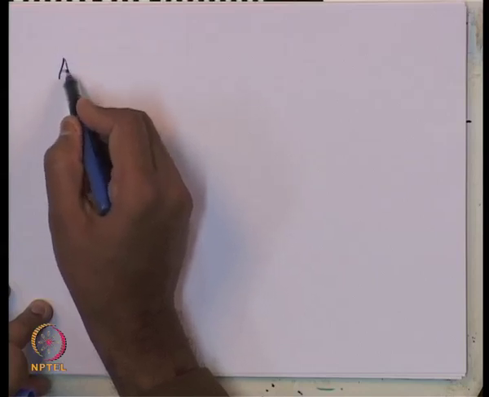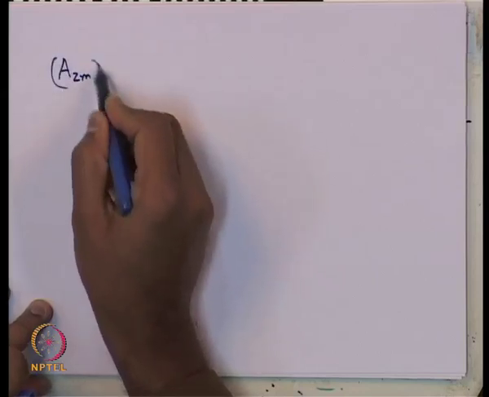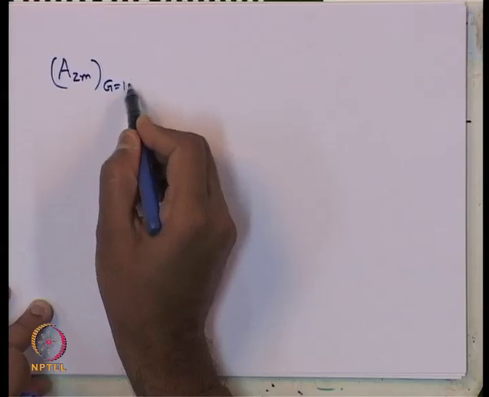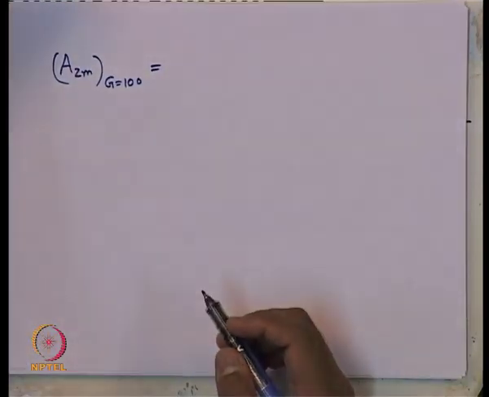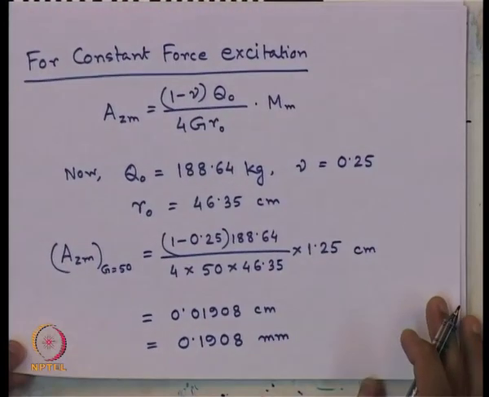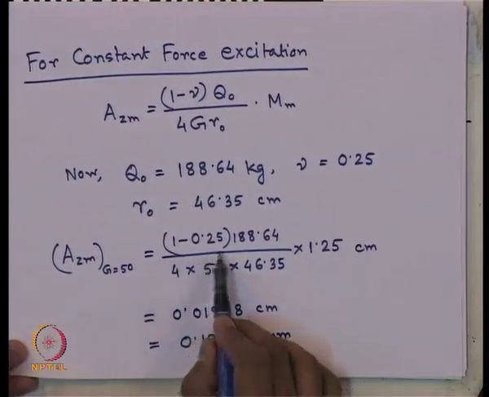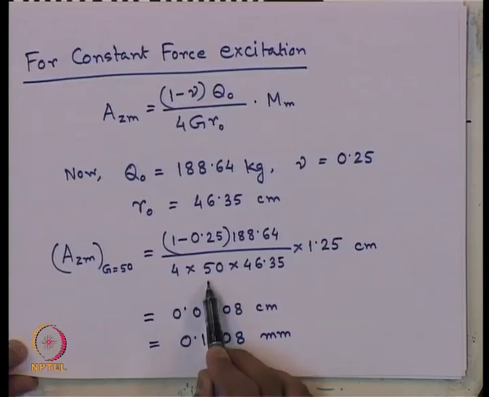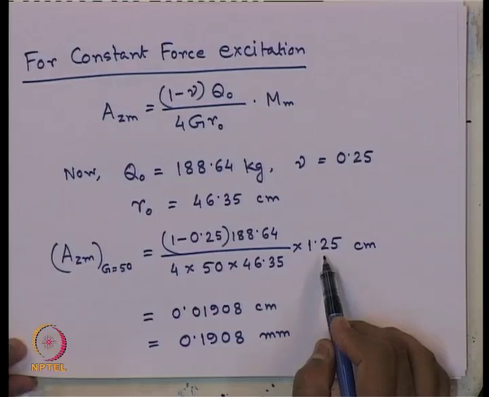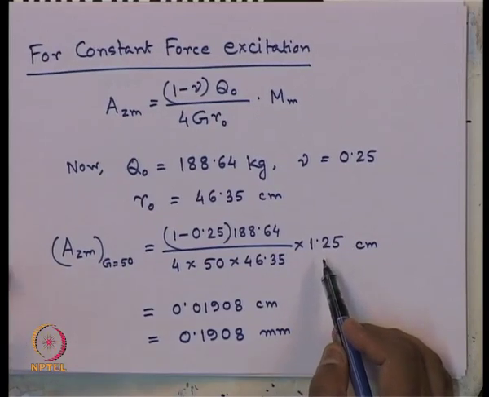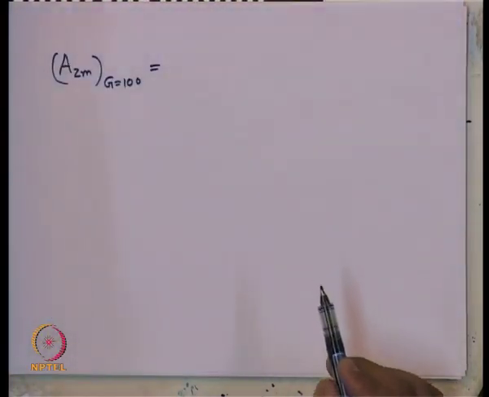Similarly, for the other 2 types of soil, AZM with G equals to 100, what are the changes in the equation? Everything remains the same, 4 into 100 replaces 4 into 50, and the chart value changes to 1.18 for G equals to 100.